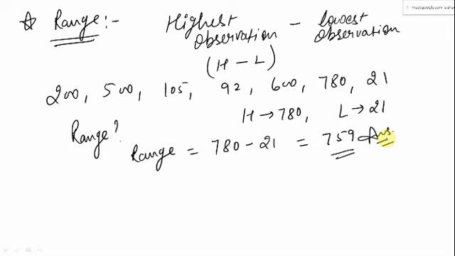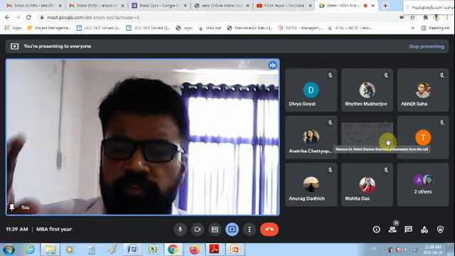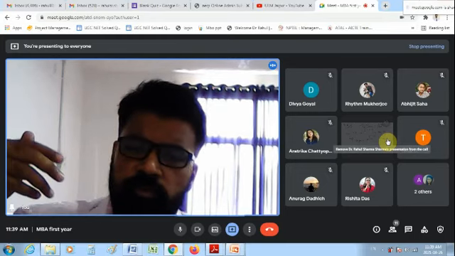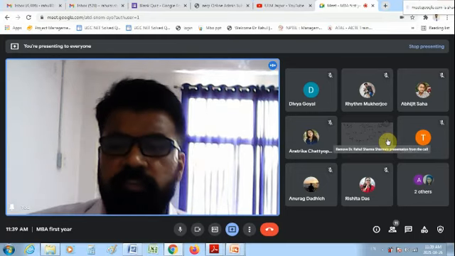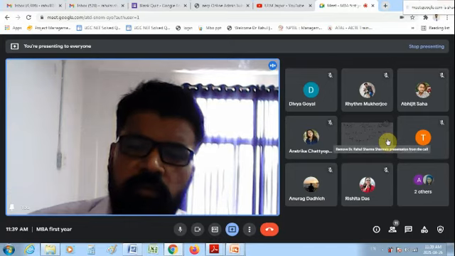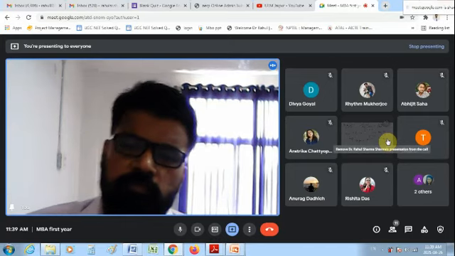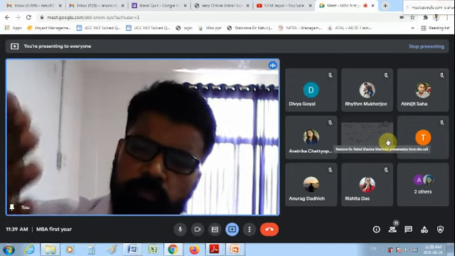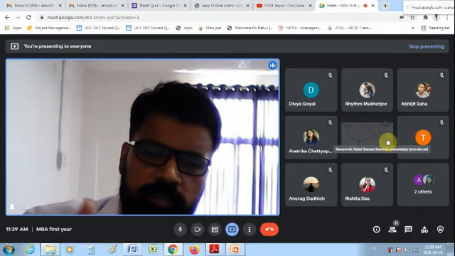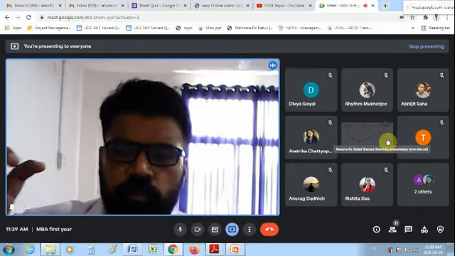We always say the range of this is, suppose we are talking about some missile and we say that its range is 4,000 kilometers. That is actually 4,000 minus zero. So that is the range of that particular missile. That is what we call range.